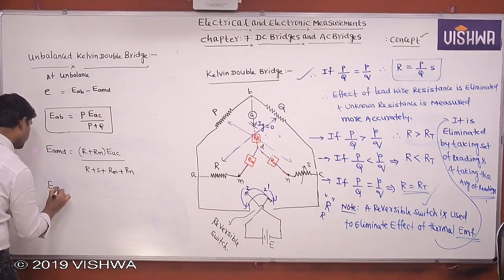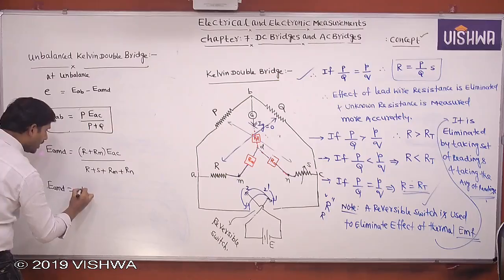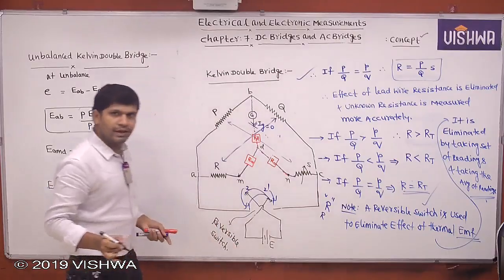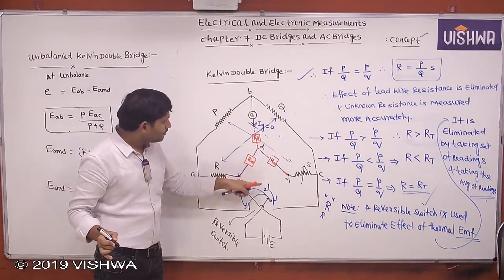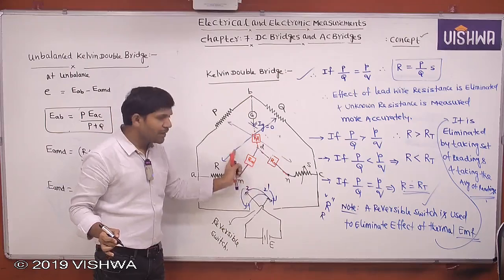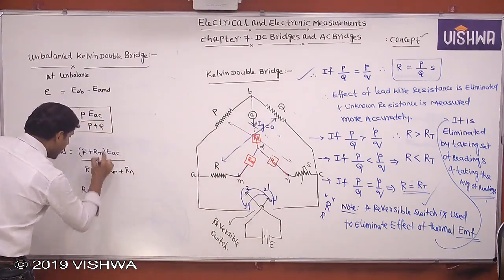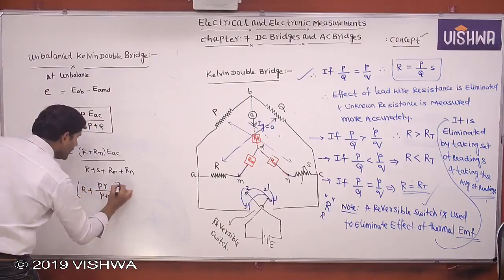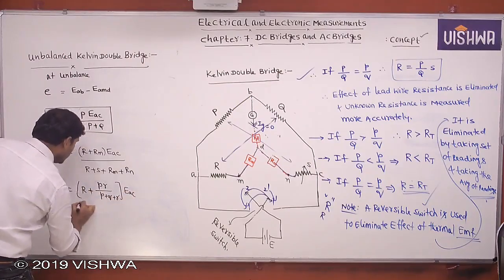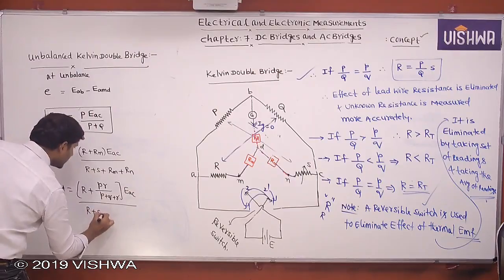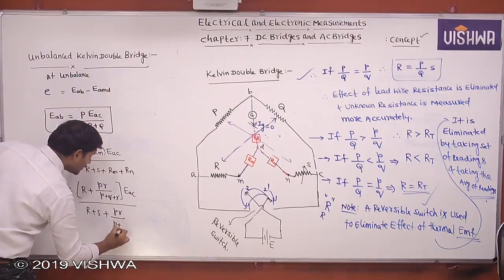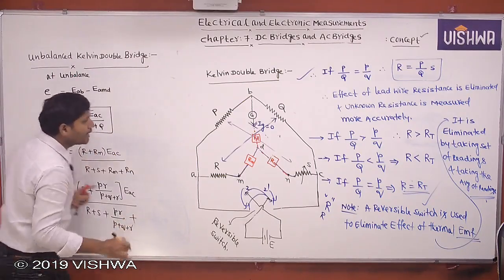Then EAMD equals R plus RM, where RM is what you calculated: RM is the opposite resistance, PR by P plus Q plus R, as already given. Into EAC by R plus S plus RM, PR by P plus Q plus R, plus RN.